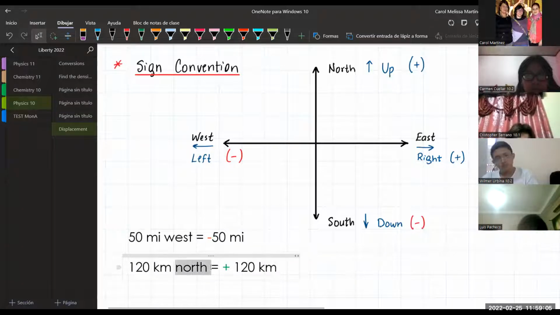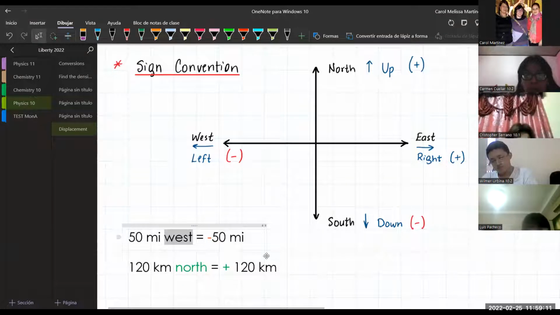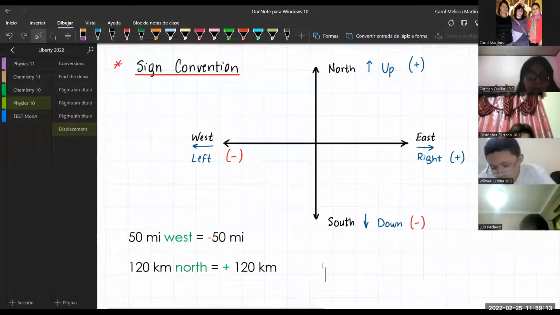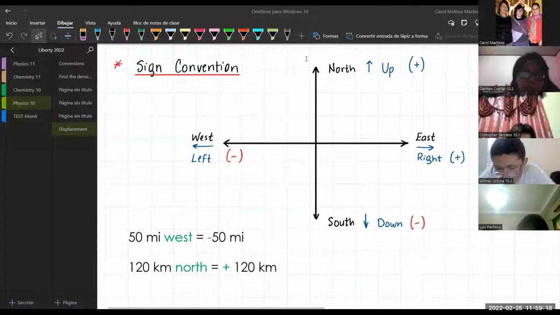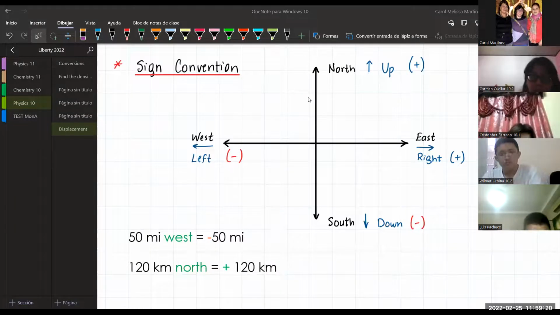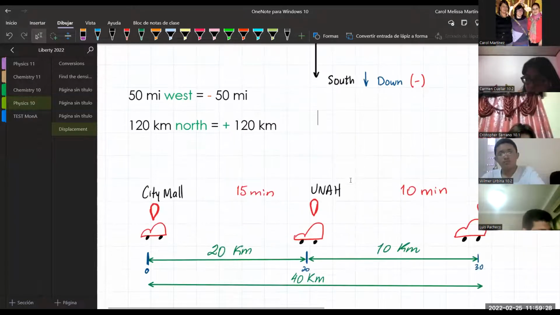Those are directions considered positive and negative. It doesn't mean that going somewhere means something bad is going to happen. These are sign conventions for calculation purposes. So remember this sign convention.